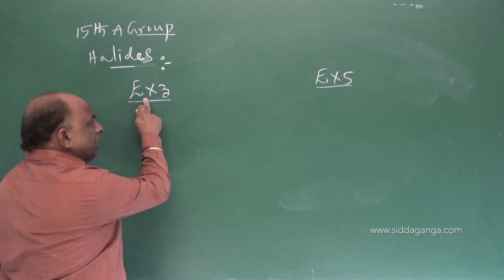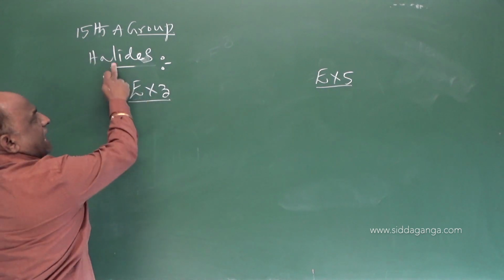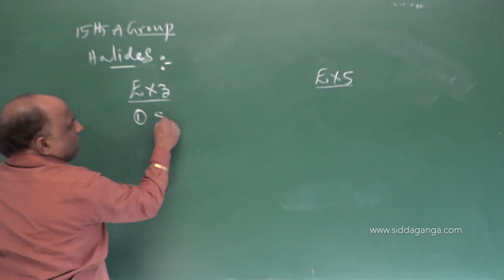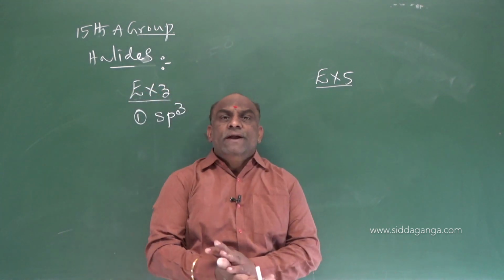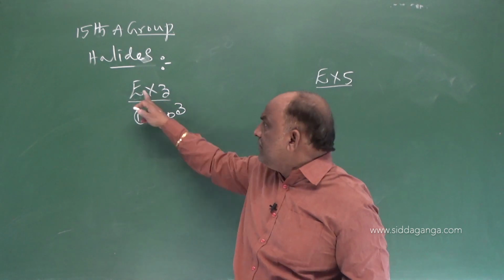EX3: the central atom E is the 15th A group element and X is a halogen. Point number 1: all EX3 type halides are sp3 hybridized. Make a note, this is very important from a competitive point of view.